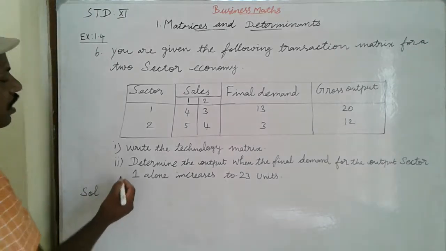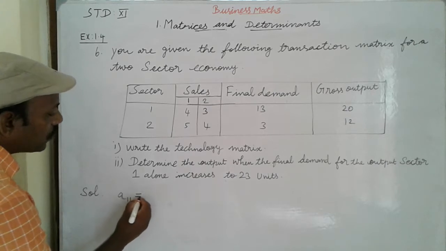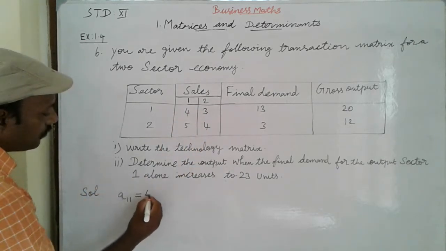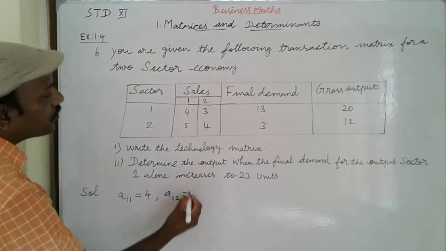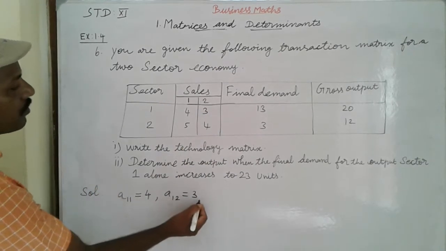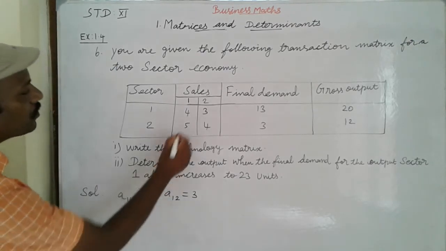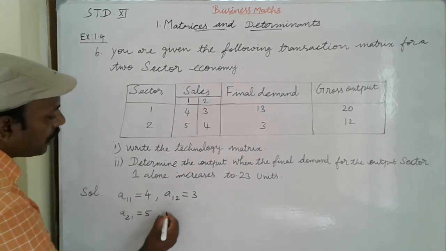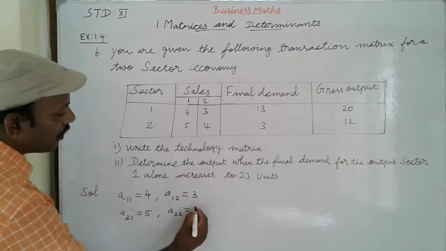First one, we should write A11 equal to 4, A12 equal to 3, A21 equal to 5, A22 equal to 4.